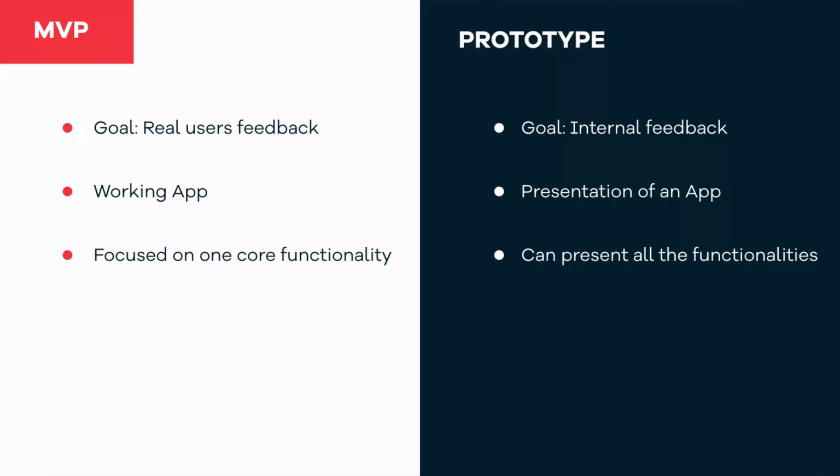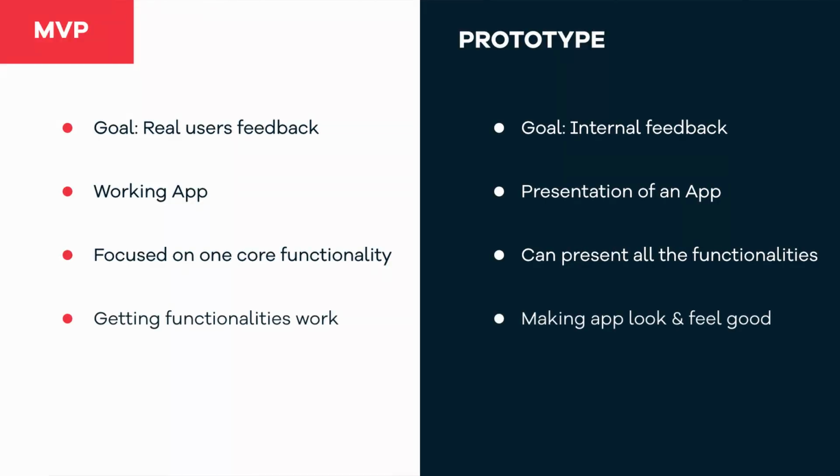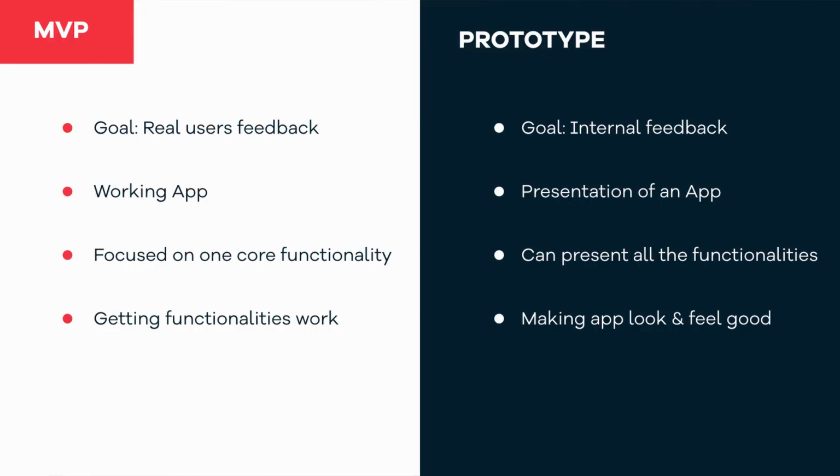So it all goes to a fourth difference, where the MVP is mostly focused on getting functionalities to work, while a prototype is mostly focused on getting the app's look and feel very good. And that all goes to a fifth difference, which is that in order to build the MVP, you need developers or development skills, while in order to build a prototype, you need the help of a user experience designer.